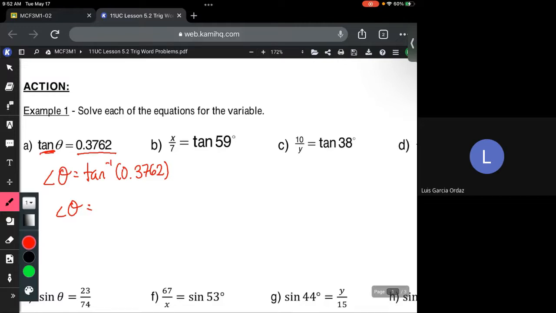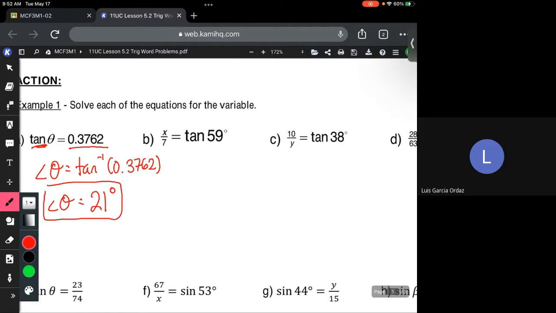So you have to enter your number first and then press second function. Nope. Second function and then tan. 21? Yep. So you round it up.